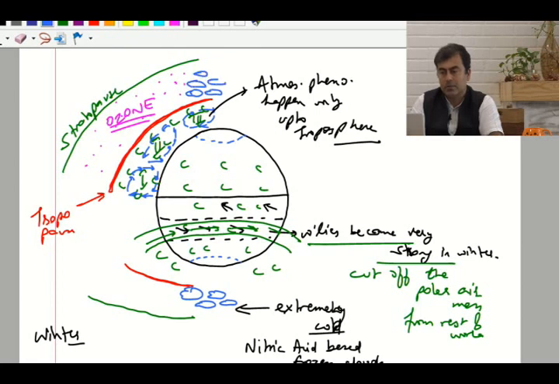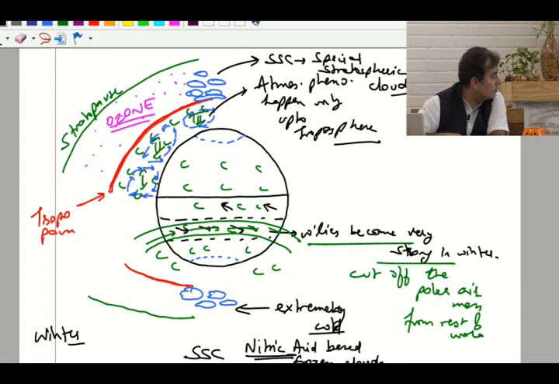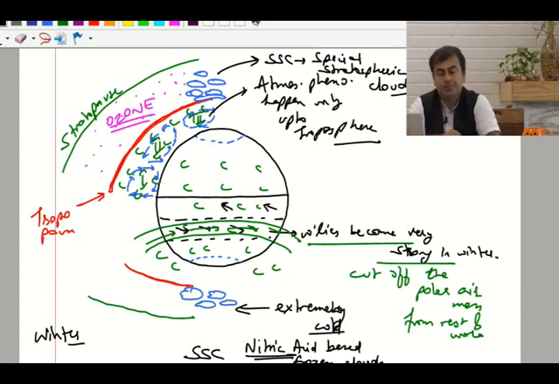If the winter is very severe, then what will happen? These are called PSCs, Polar Stratospheric Clouds. Not normal clouds. What are they made of? Nitric acid. PSC. Does everyone get that?